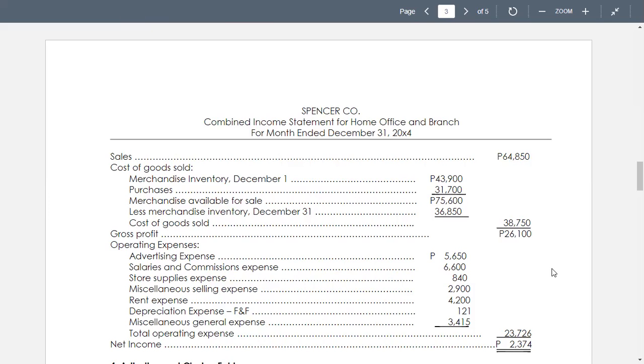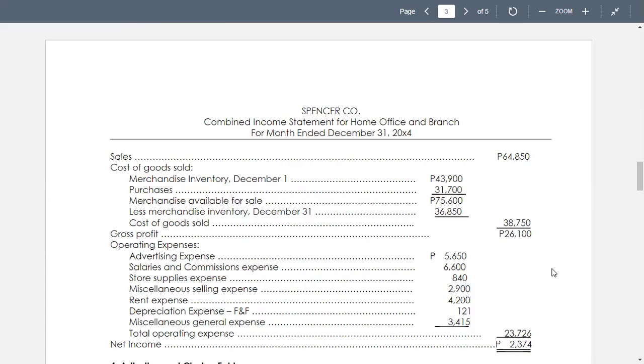So it gives us the combined net income of 2,374. Now you can check its correctness if you refer to your income statement.